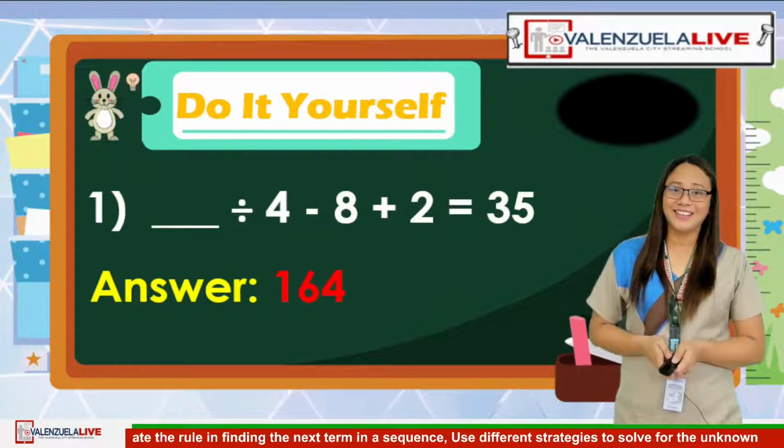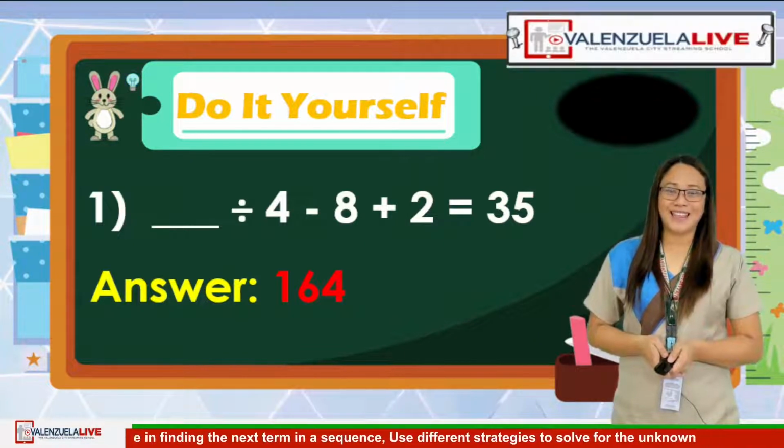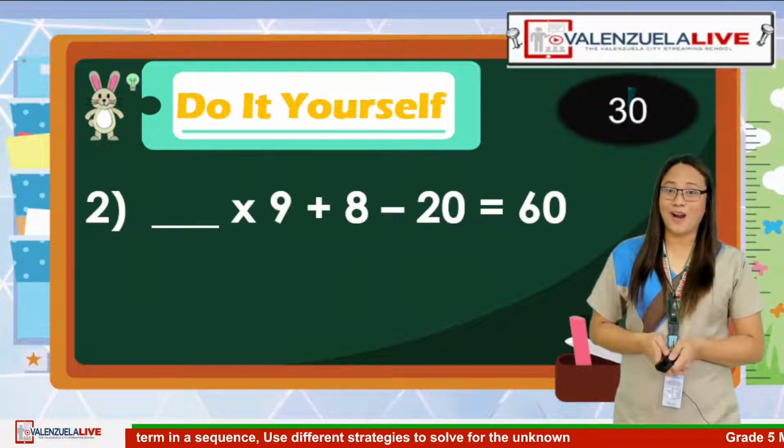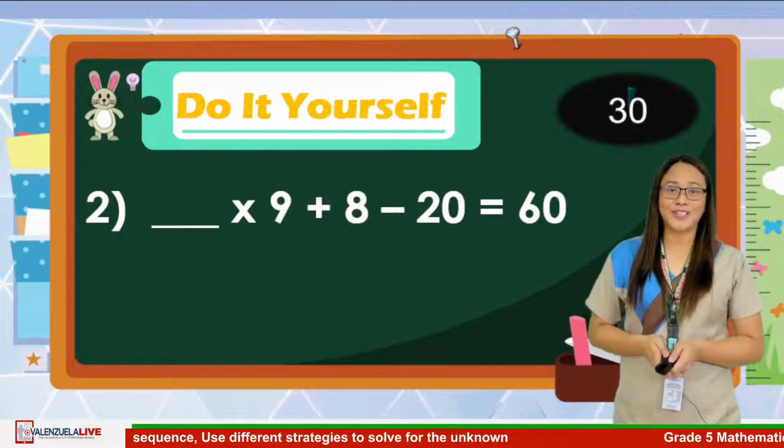Did you get it? Very good, grade 5, Patty. Now for number two, you work it backwards. I'll give you 30 seconds.